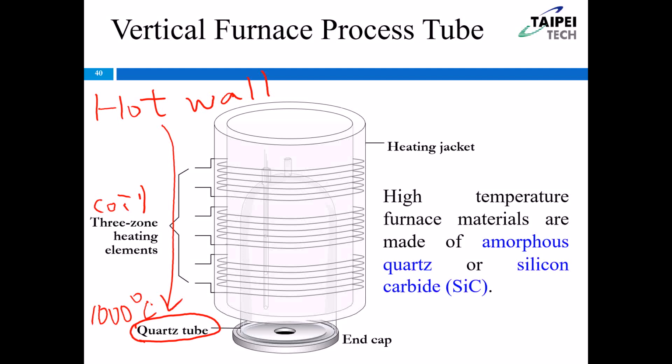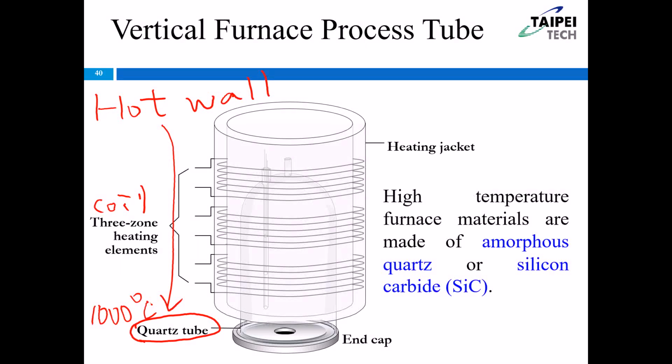So that's also the reason we can use the thermocouple to detect the temperature of the quartz tube, okay? We don't use the thermocouple to detect the silicon wafer. No, we don't do that. We use the thermocouple to detect the quartz tube, right? Because the quartz tube has the same temperature as the silicon wafer. So we call this system the hot wall system, okay?